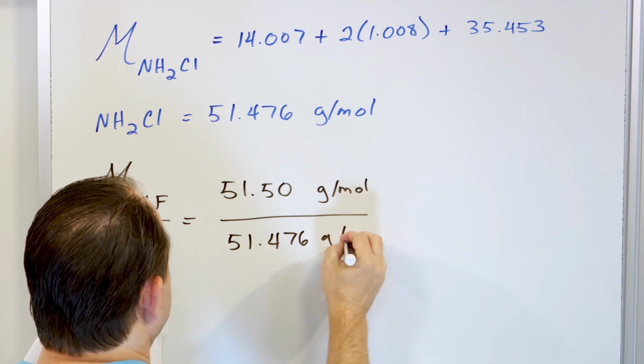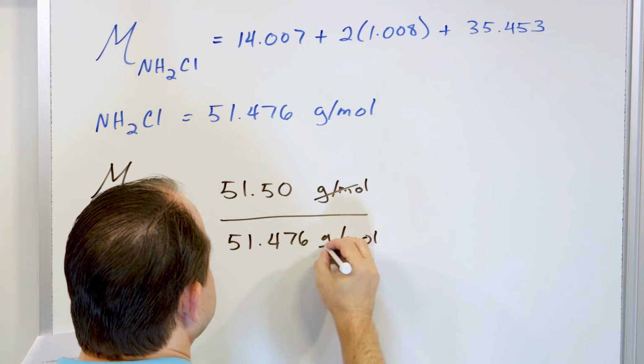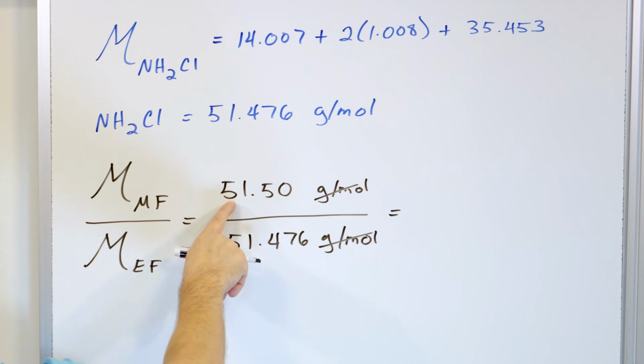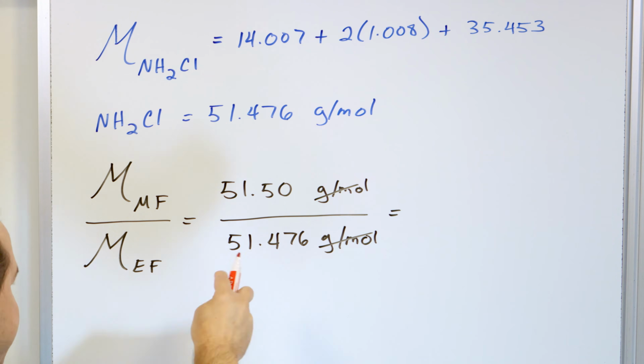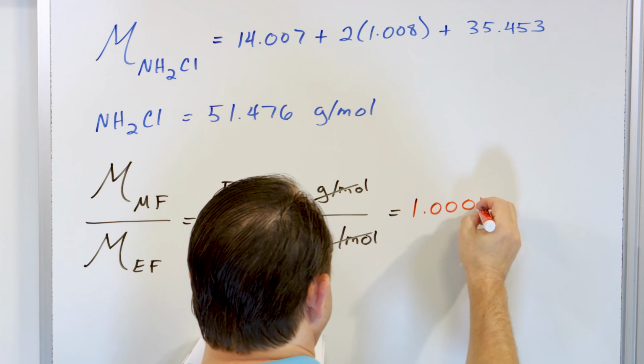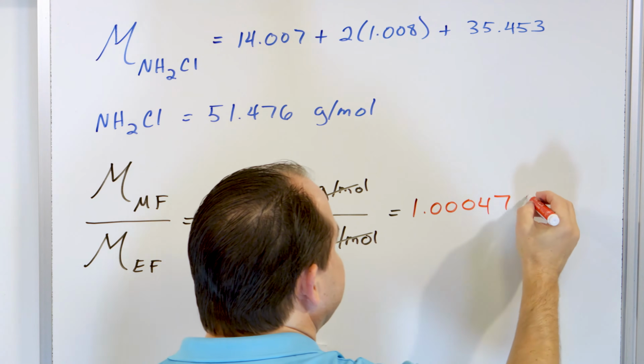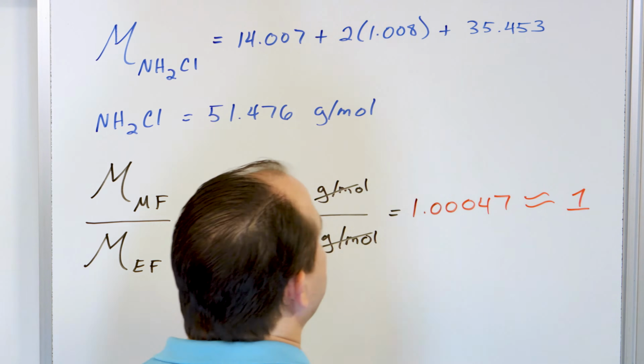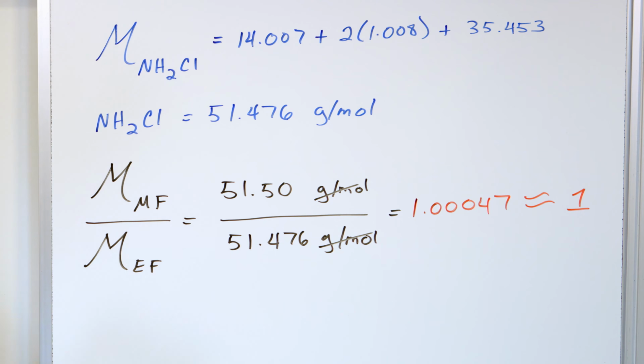51.476 grams per mole. Now the units completely cancel, so this is a dimensionless answer. 51.50 divided by 51.476, we get 1.00047. Notice that's so close to the number 1 that we're just going to say it's approximately equal to the number 1. What does this mean?